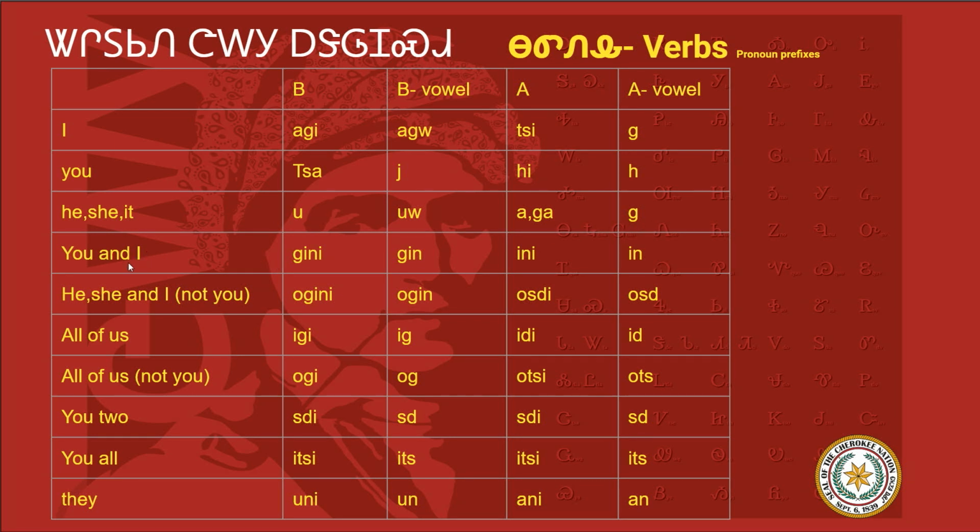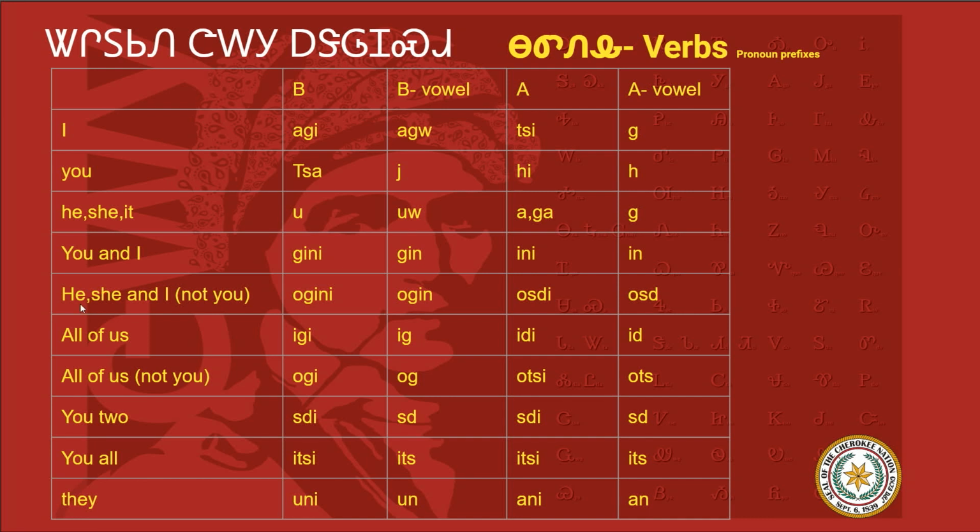Okay? You and I, Gini. Gini Yoshi, we, or you and I, are hungry. Ginaduli, you and I want it. Iniwoni, you and I are speaking. Inalti, you and I are trying.